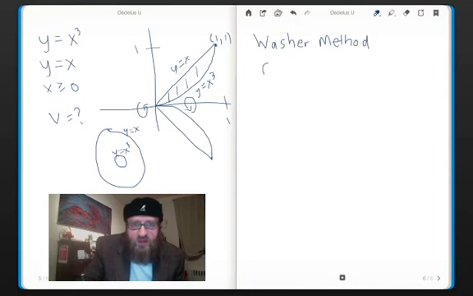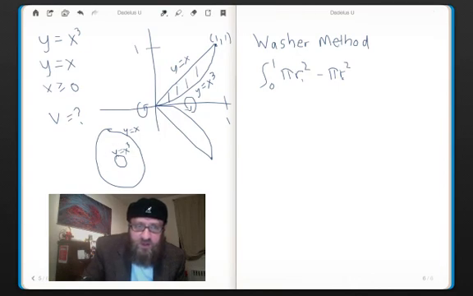So we're going to take the integration from 0 to 1, in the x direction, of essentially just two circles. I'm going to start by saying pi r squared minus pi r squared. Of course, they're different r's. This larger circle minus this little circle gives us at first the area of this single washer.